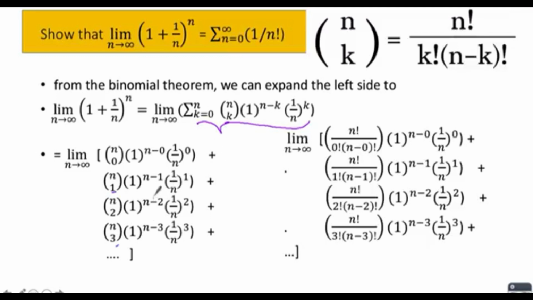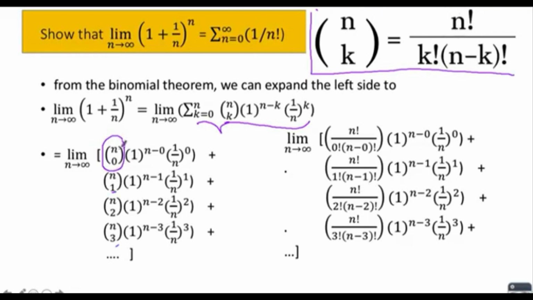Now, let's continue. This part here, the combination part, we can evaluate using the formula for combination, which is this part. The combination of n objects taken k at a time is equal to n factorial over k factorial times n minus k factorial, which we already derived in the previous problem. So all we have to do is apply this formula.